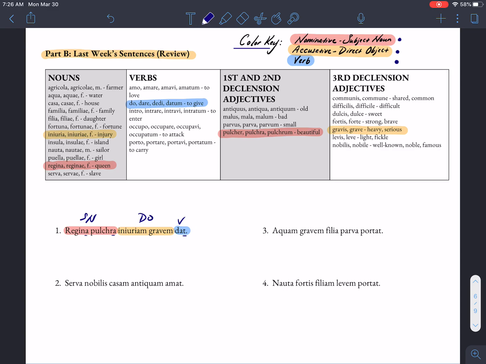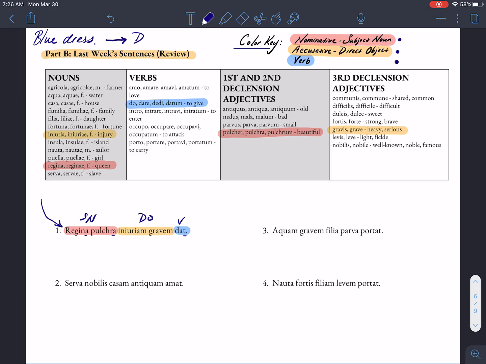Remember, in Latin, the adjective follows the noun that it goes with or modifies. In English, I would say the blue dress. But in Latin, the noun comes first, then the adjective.